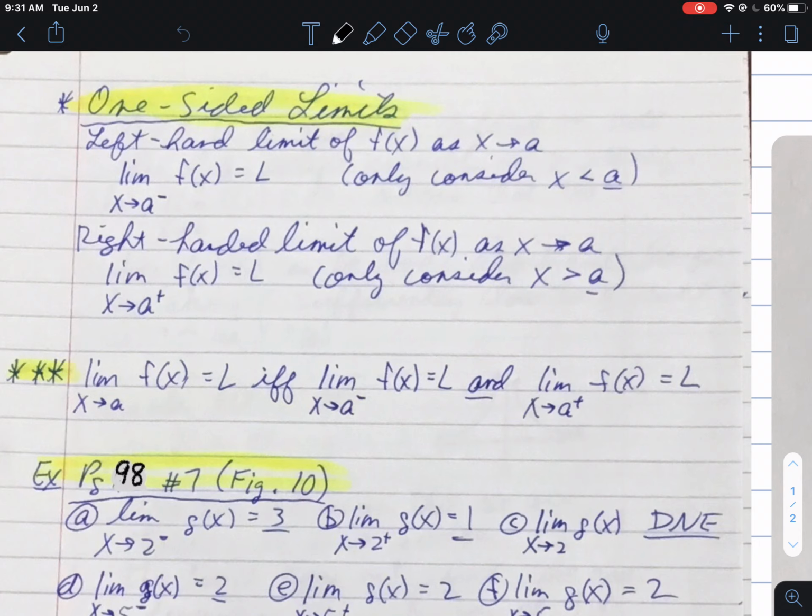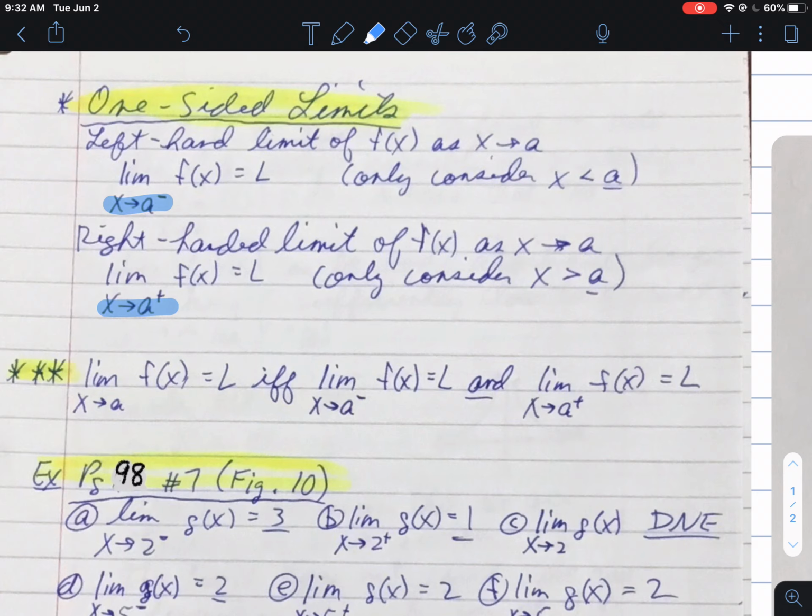Or maybe if the behavior is different on both sides of the a value, we can describe what happens on each side individually, using what we'll call a one-sided limit. And so instead of just talking about the limit as x approaches a of f of x, let's look at the limit as x approaches a from the left of f of x, or the limit as x approaches a from the right of f of x.